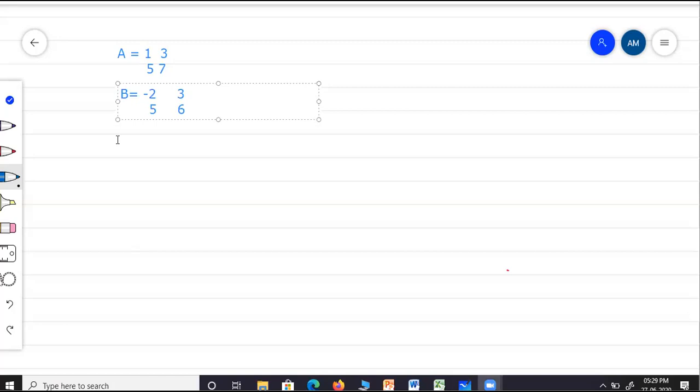And matrix C is equal to 5, 8, -1, and 7. And they are in brackets.